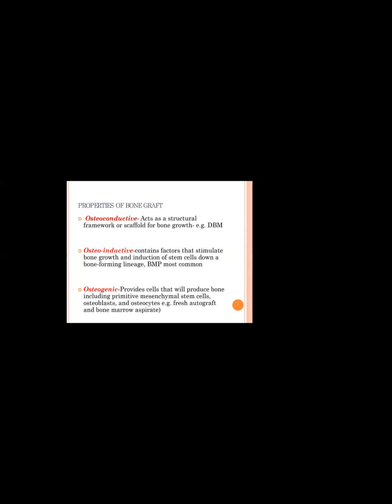The other property is osteoinductive, in which factors stimulate bone growth and induce the stem cells down a bone-forming lineage, BMP being the most common. We also have osteogenic properties. This includes cells that will give rise to the osteoblasts and osteocytes. Examples include fresh autograft and bone marrow aspirate.